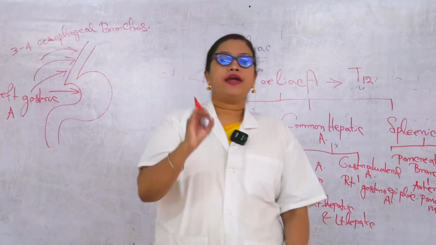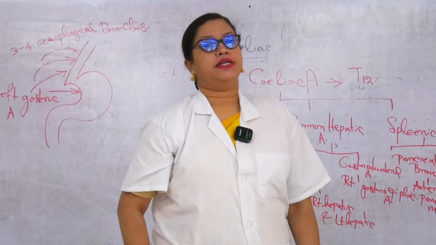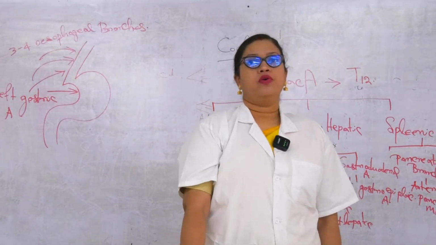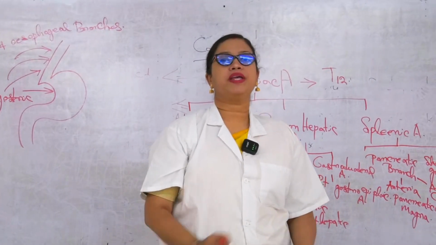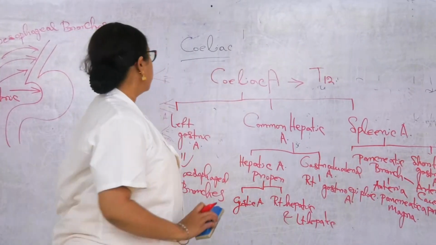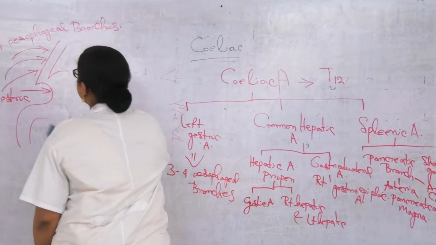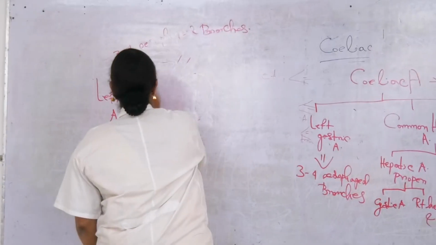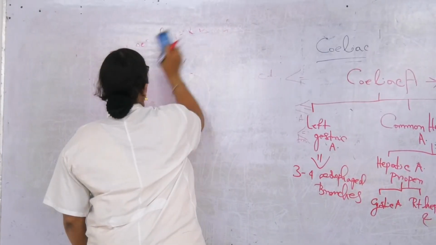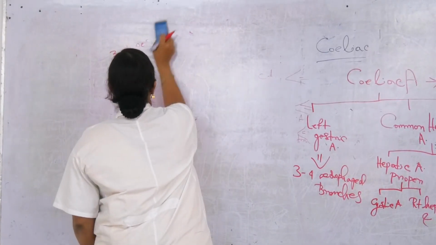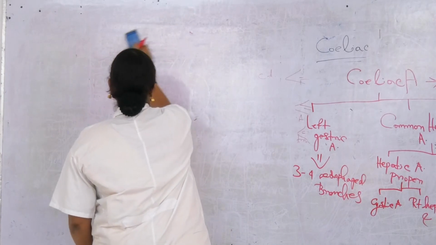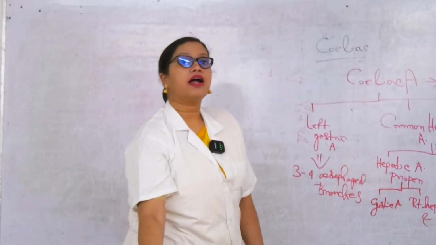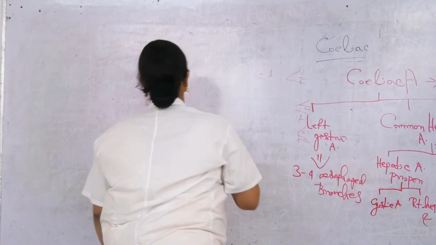Okay, write down some features of the splenic artery. Which are the features? At first, this is the largest branch coming from the celiac trunk. Number one, this is the largest branch coming from the celiac trunk.